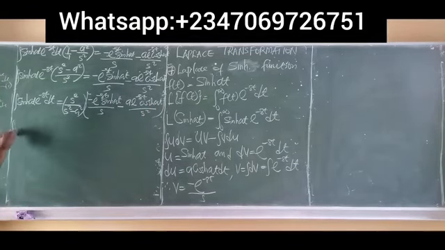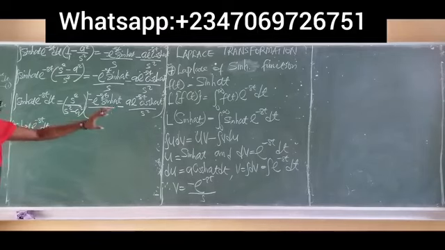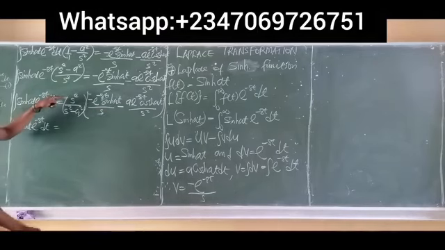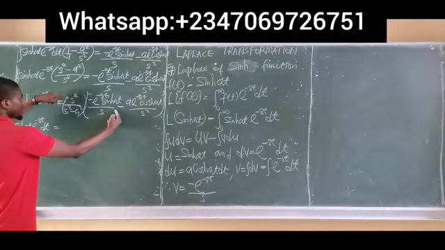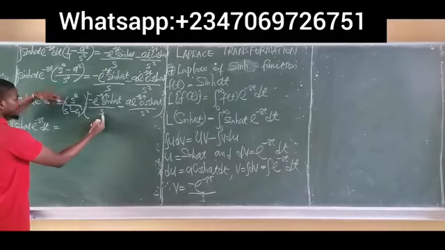All right, so the integral of sine at exponential minus st dt is now equal to, so we simply expand the bracket with this term. Now, this multiplied by this, I have s over s here. s cancels one of the s here, so I'm left with s at the numerator.